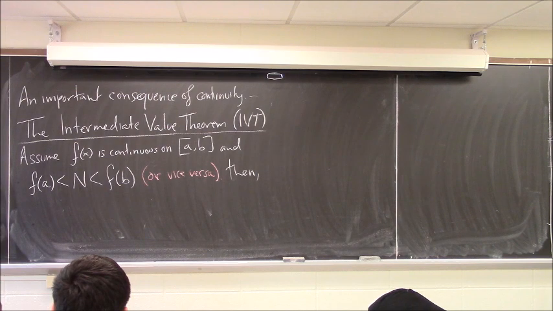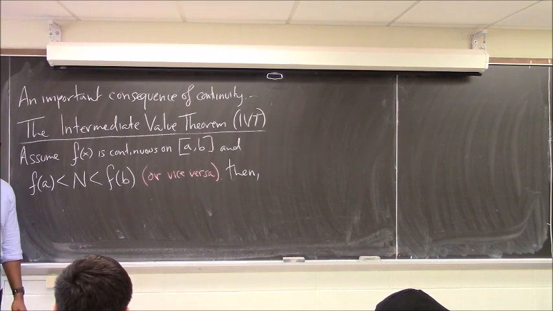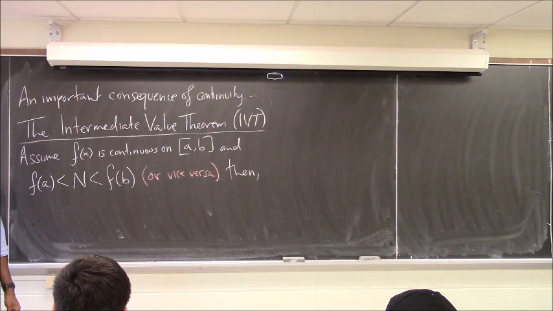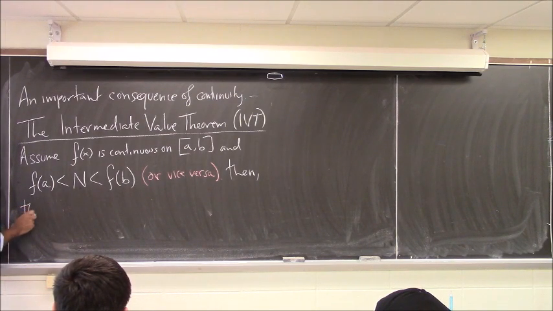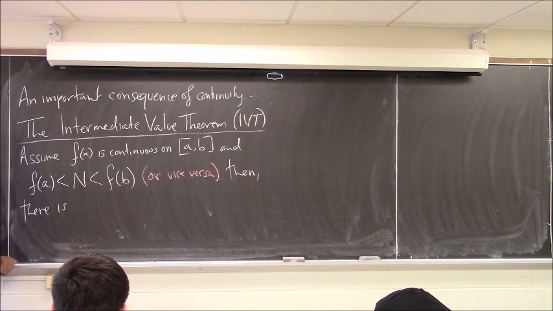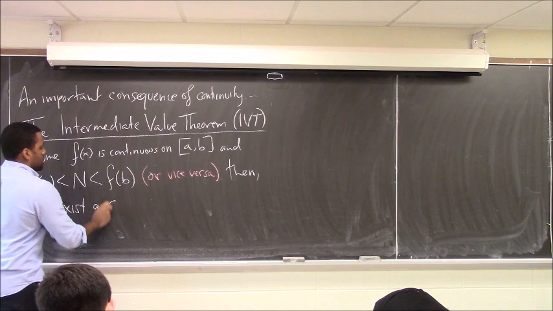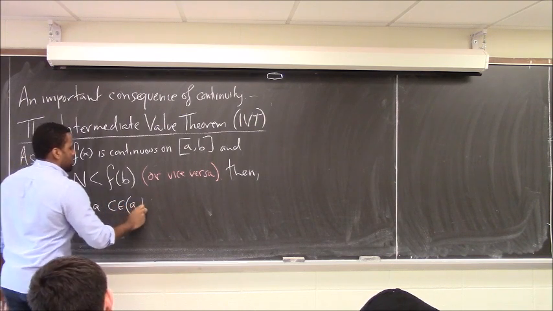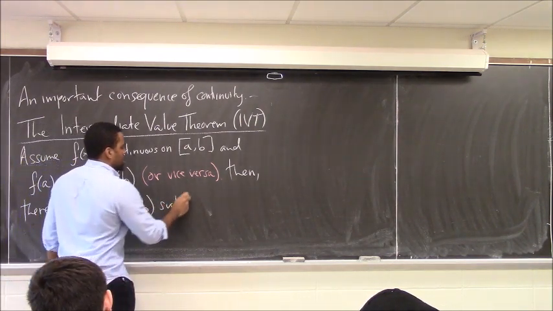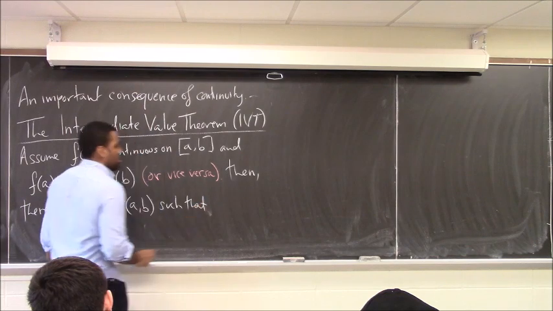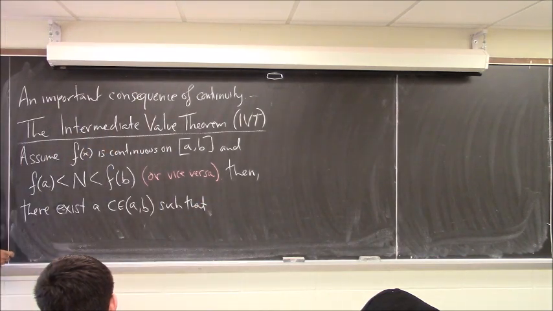The value of x is between a and b? No, the value of x such that what? I don't know how to put it. There exists a c in the open interval (a, b) such that, so that's some x value, some input value. What is the result? Do you remember?